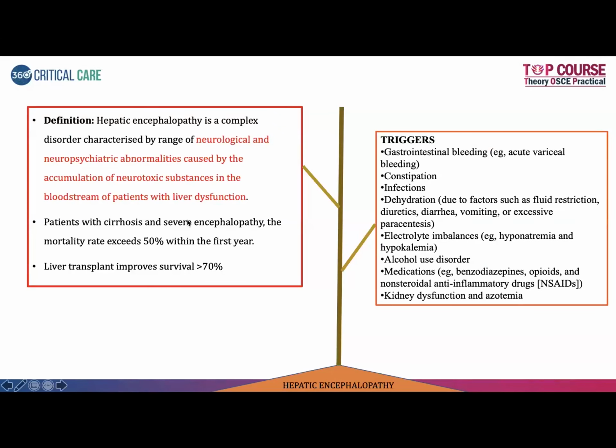Midodrine doses are 7.5 milligrams up to 12.5 milligrams 3 times a day, titrated to achieve an increase in the mean arterial pressure of 15 millimeters of mercury. Octreotide 100 to 200 micrograms subcutaneously every 8 hours.